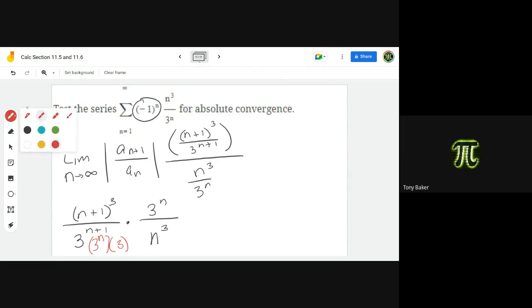Which means now I can cancel out those two. So this becomes 1/3, and then I have n plus 1 over n to the third power, because they're both to the third power, so I can combine them and put them together. That looks a lot nicer than what I started with.